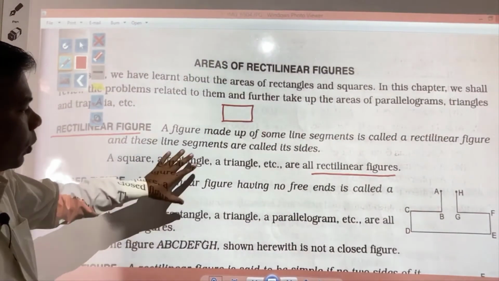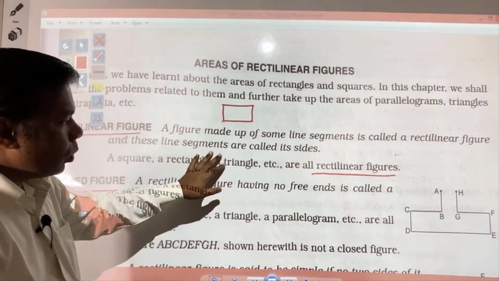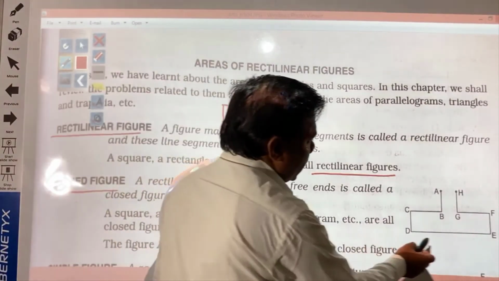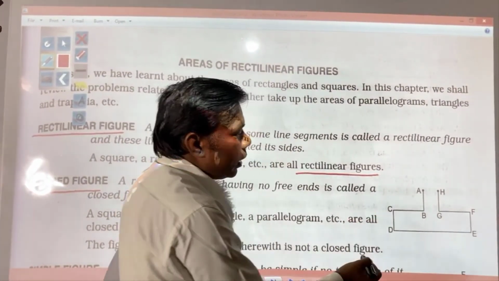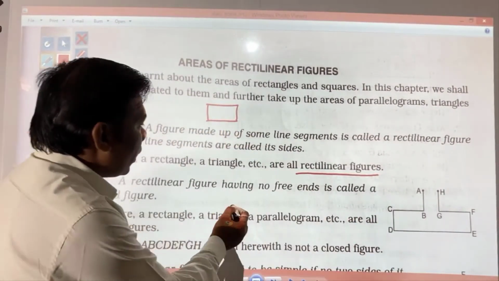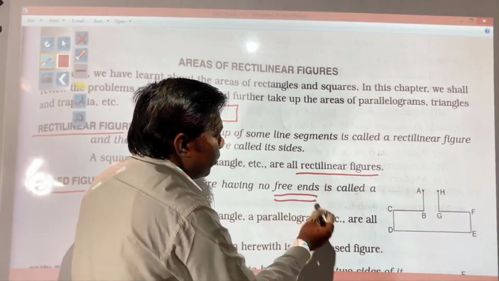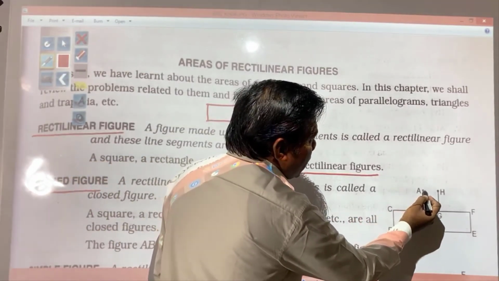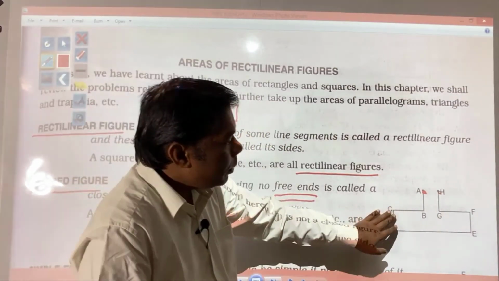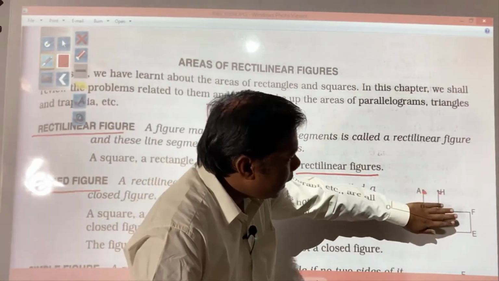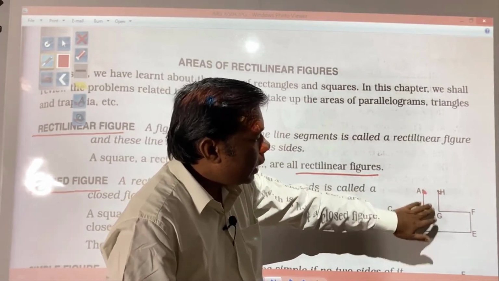Here you see, don't be confused with these two, because here A, B, C, D, E, F, G, H figure has been made. It is not having free ends. Free ends means, just you see, here it has been closed. The area has been closed up to here. This area only is being taken.